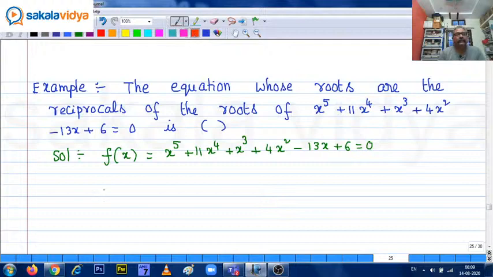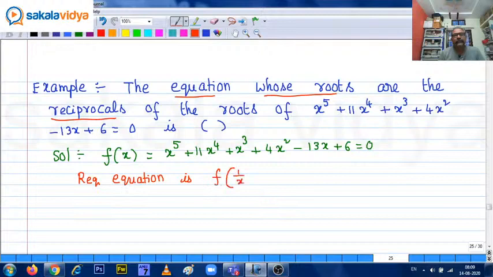Now the required equation is the equation whose roots are the reciprocals. Reciprocals means, for example, if the root is alpha, then 1 by alpha, that means f of 1 by x equals 0.